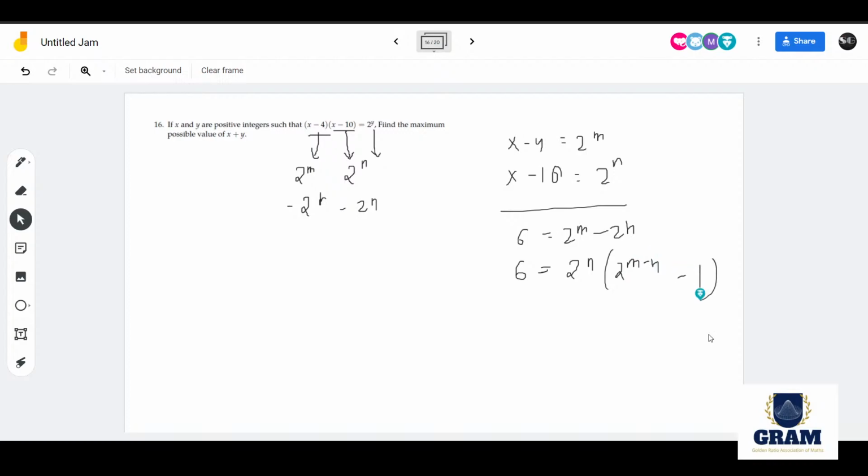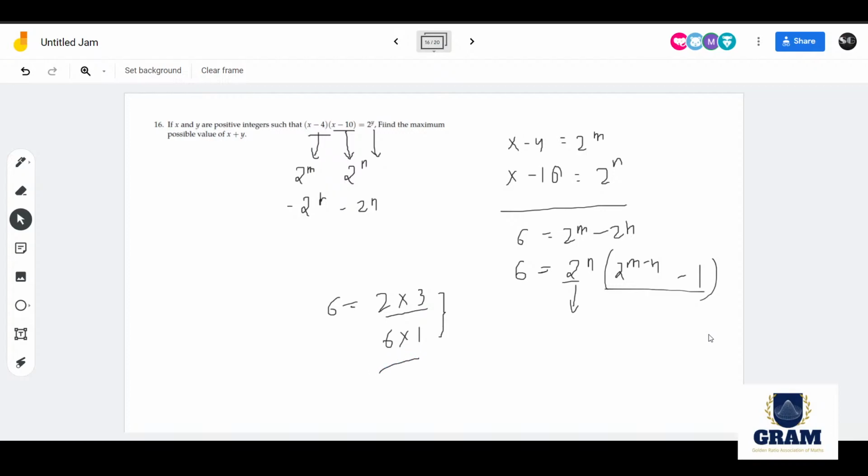Now as these numbers are also integers, 6 can be written as either 2 into 3 or 6 into 1, for positive integers. So any one of these two pairs exists.